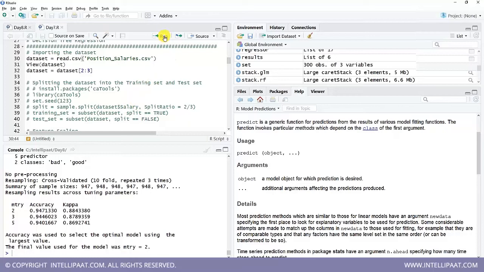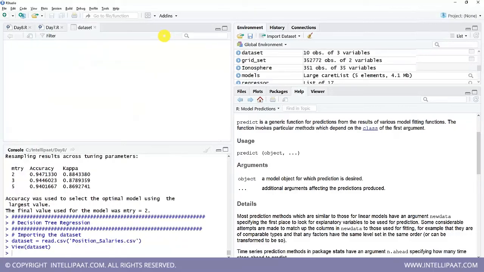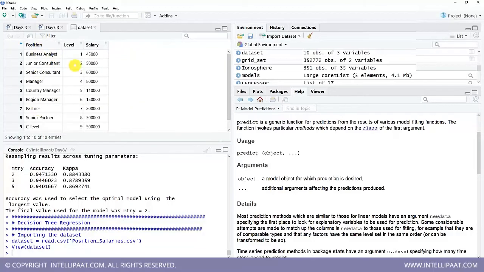Let's get a feel of what the data set looks like in the first place. Position, level, salary. There are just 10 records here, and there are 10 levels with different salaries. But it looks like the salary is not increasing linearly, but exponentially. That's what we get a feel for at first glance at the data.